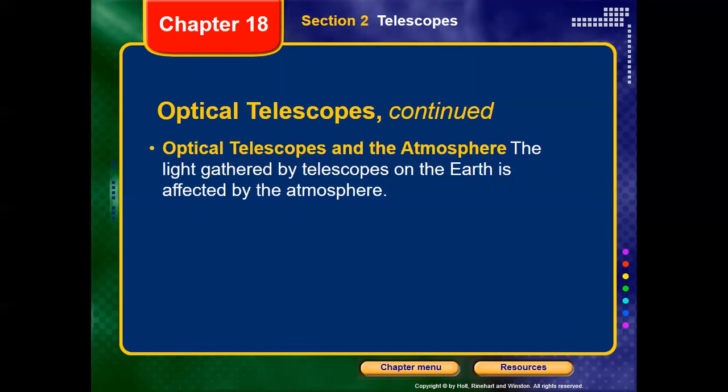Whether we're using the refracting telescope or the reflecting telescope, we have a problem: as light passes through the atmosphere, the electromagnetic waves of the light are affected by the atmosphere's particles. Due to the different gases in the atmosphere, or even particles suspended in it, the light may not be received easily.